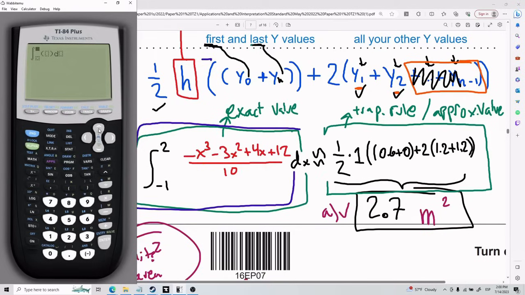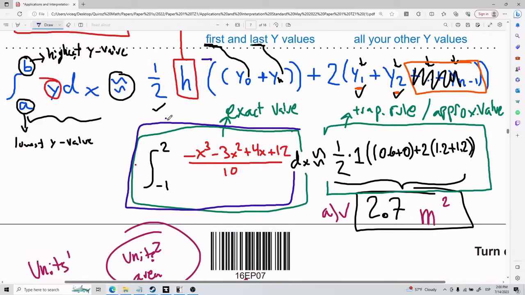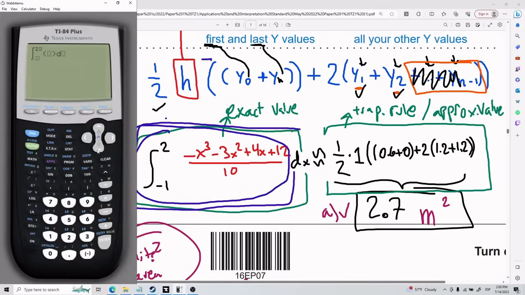So what you need to do is up here, you put your b value, which we said was 2. I'm just going to follow what I have here, okay? I plug in 2. Down here, I plug in -1. Over here, I put my whole function, cierto? Since it's a fraction, I'm going to do alpha y equals, pick the first one. Again, alpha y equals for fraction, pick the first one. And now it's a lot easier to plug in. So I'm just going to go ahead and put everything.